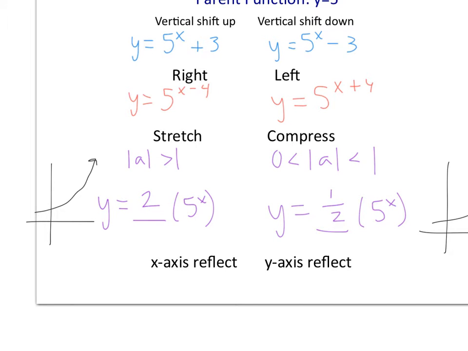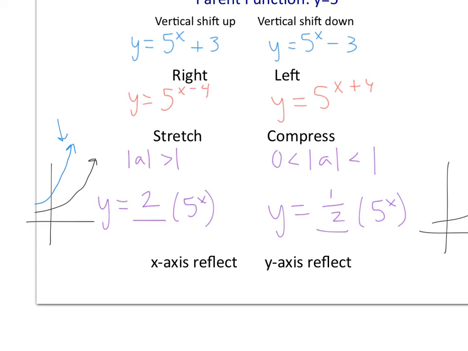So I'm just going to provide you a visual of what a stretch would look like with exponentials. Right here, this graph would show just y equals 5 to the x. So that black line would be just the parent graph. So here would be y equals 2 times 5 to the x. This would be like a stretch, right? It would be jumping up at a faster rate than the parent function. So hence, stretch.